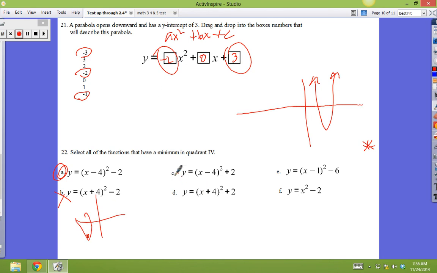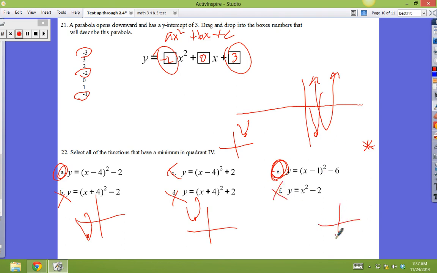C will not, because that goes 4 to the right and up 2. D will not, that goes 4 to the left and up 2. E will, because that's going to go over 1 and down 6, so that's going to look something like that. F will not, F lands right on the line right here. So just A and E.